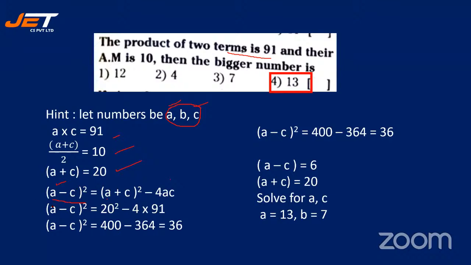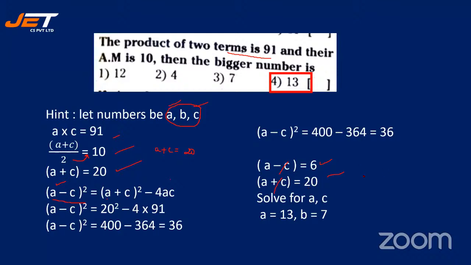Just substitute all the values in the formula, and you will end up with A minus C is 6. You know A plus C is 20, since (A plus C) by 2 is 10, and the 2 goes to the numerator. So with these two, you can find the value of A. How? 2A.